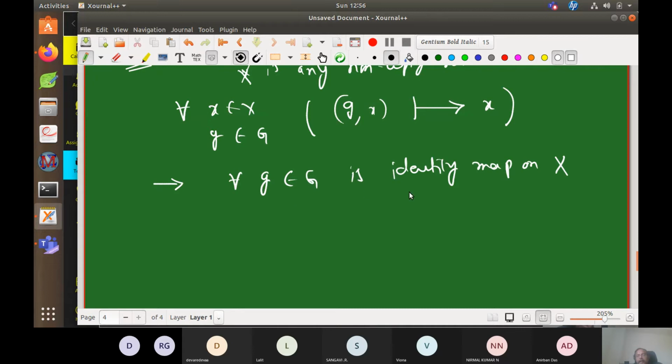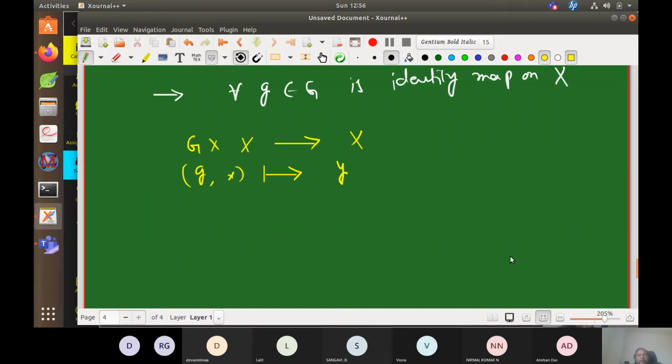Every element is identity. Okay, so again recall what I want to convey here. Group action means that it is a map from G cross X to X, right? So (g, x) goes to some y, where y is an element in X.